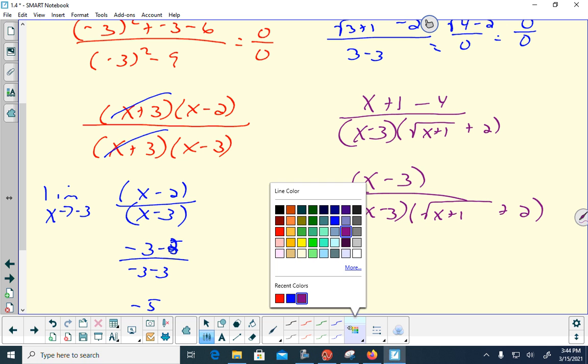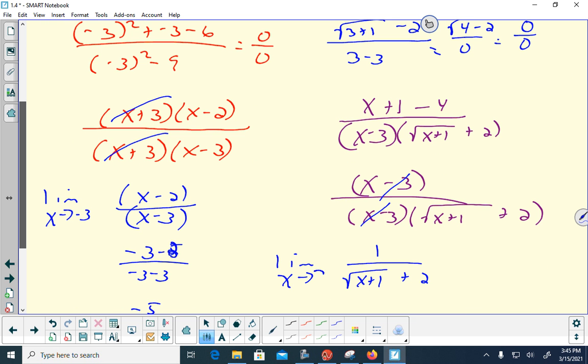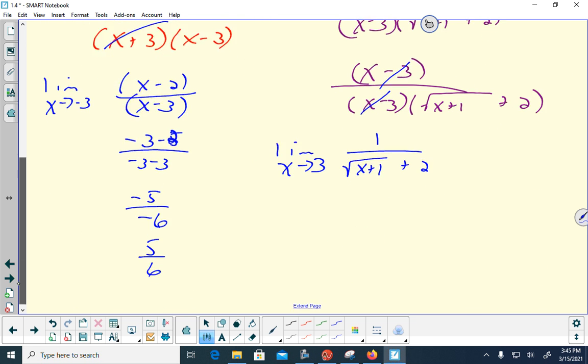So the x minus 3's will simplify, and I'm left with 1 over the square root of x plus 1 plus 2, and I am going to take the limit of this as x approaches 3. So now it's okay for me to do direct substitution, so I'm going to have 1 over the square root of 3 plus 1 plus 2.